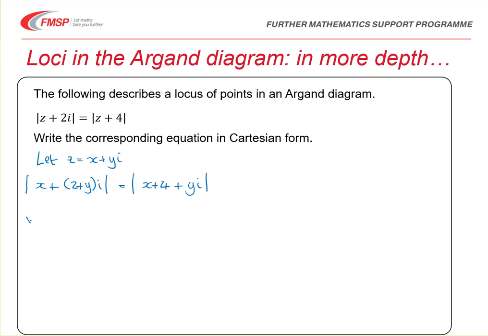Evaluating the modulus on both sides, in the normal way we take the square root of x plus 2 squared plus y squared, and on the other side the square root of the real part x plus 4, which we must square like this, and y squared.